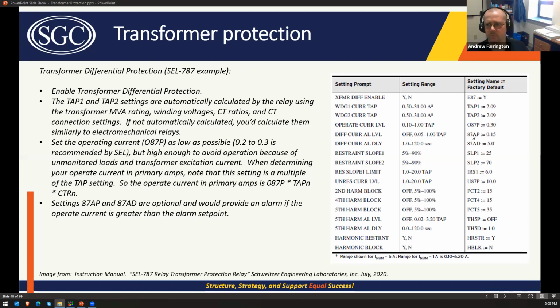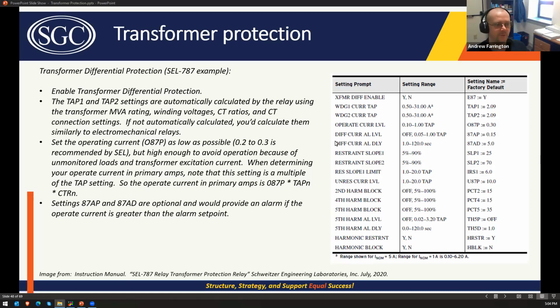And this is actually a really important thing to note. Not every relay has this ability. Smitty will talk about this when he talks about relay testing as well. But when you go to put one of these transformer differential relays in service, bus differential relays as well, but more importantly a transformer differential relay, because you have the additional issue with the winding compensation settings, if you're not doing it yourself, you just set the relay.